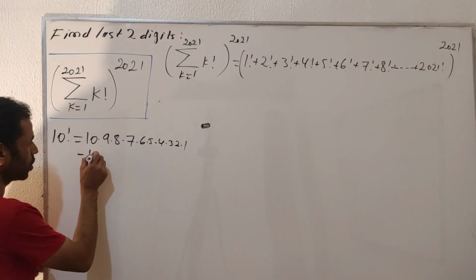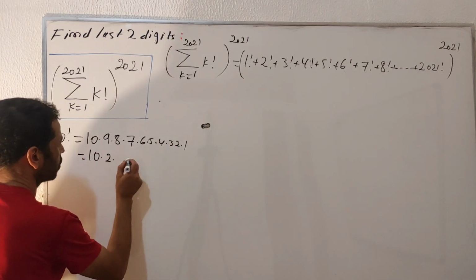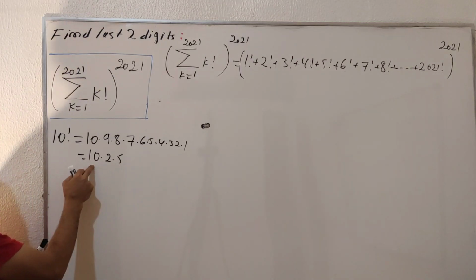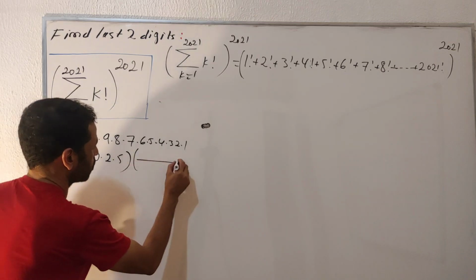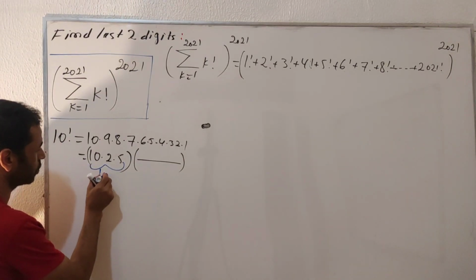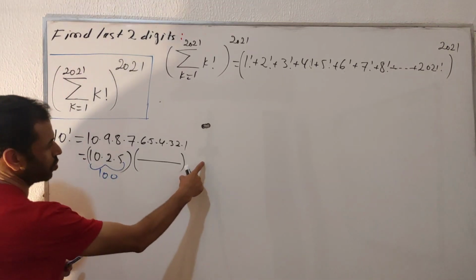Let's take this number 2 and take number 5. 2 multiplied by 5 gives 10. 10 multiplied by 10 gives 100. So this is multiplied by the bunch of the numbers. Since we get 100 here, when you divide this one, you get 0 as a remainder.